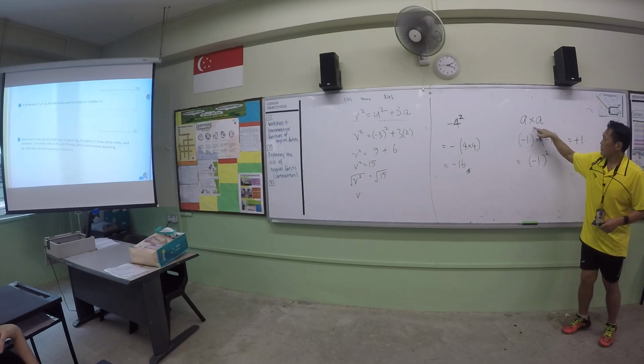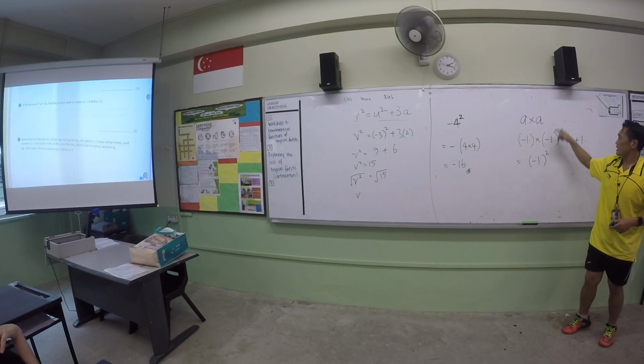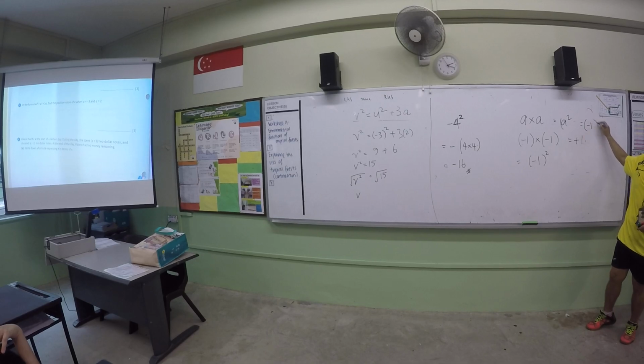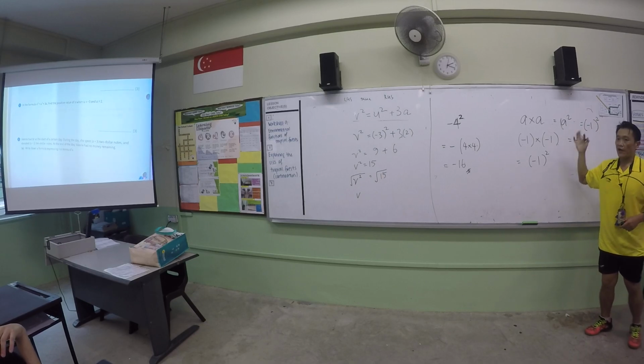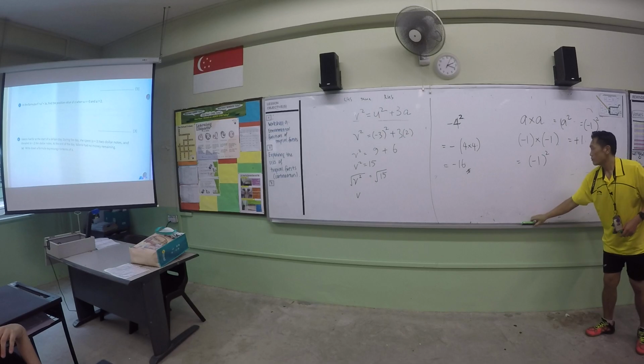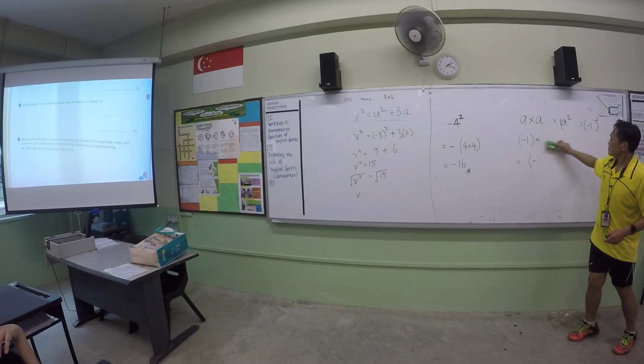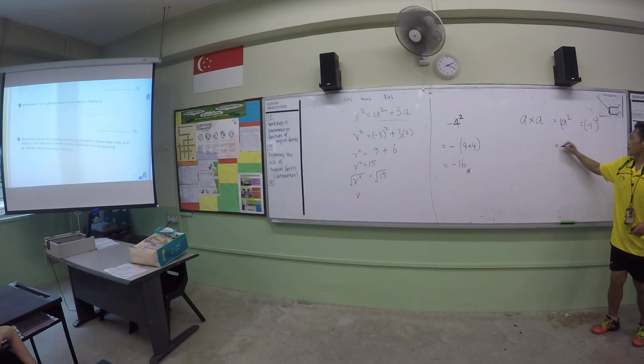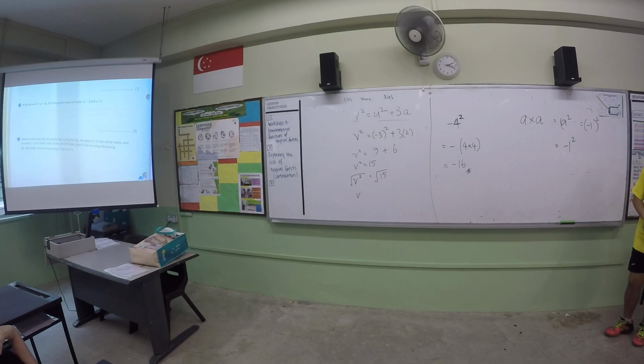So what we mean by A times A is actually A squared. And when I replace A, I have to replace A with a bracket because A is this whole thing. If I don't put the bracket and I just put negative 1, I may be thinking that these two are the same.